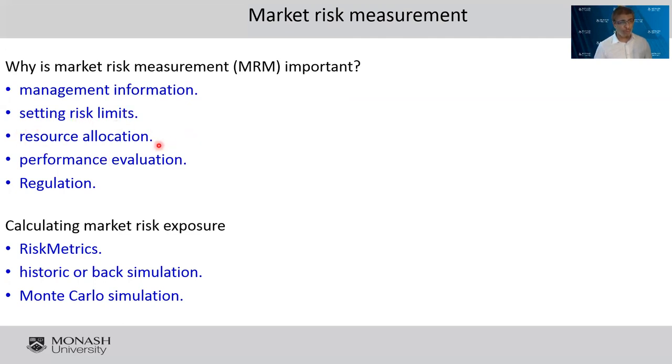We also need it for resource allocation. So if the bank, as I told you, is allocating 1 billion ringgit, for example, in trading for some type of markets or assets, for example in equities, I have to choose which of those equities, or maybe for currencies, I want to see which pair of currencies I should be trading on, given the exchange rate risks.